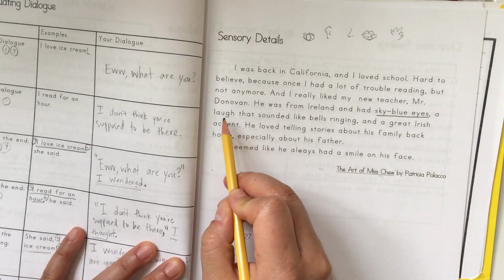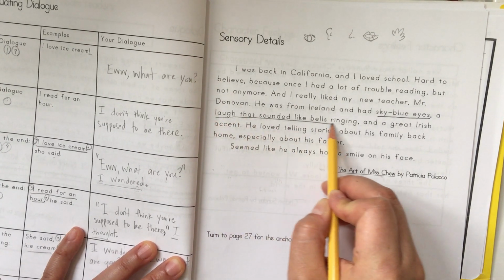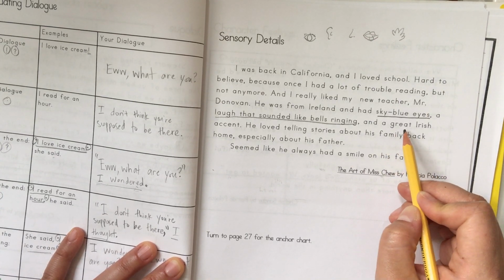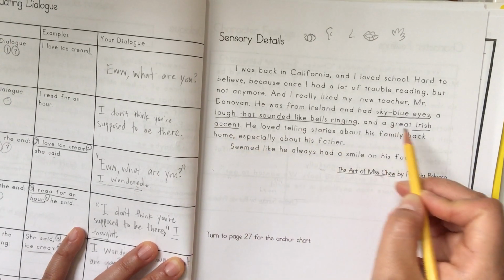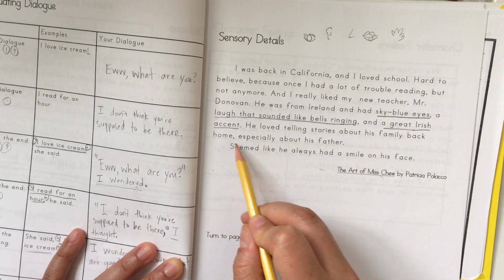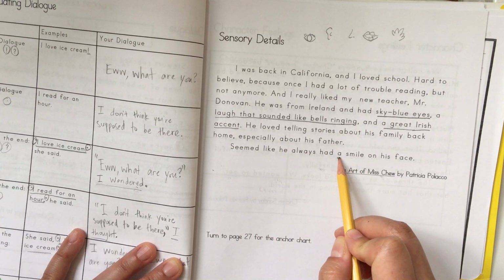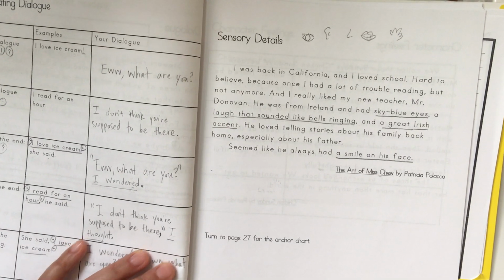A laugh that sounded like bells ringing. Oh, I can hear that. And a great Irish accent. I can hear that as well. He loved telling stories about his family back home, especially about his father. Seemed like he always had a smile on his face. I can imagine seeing that.